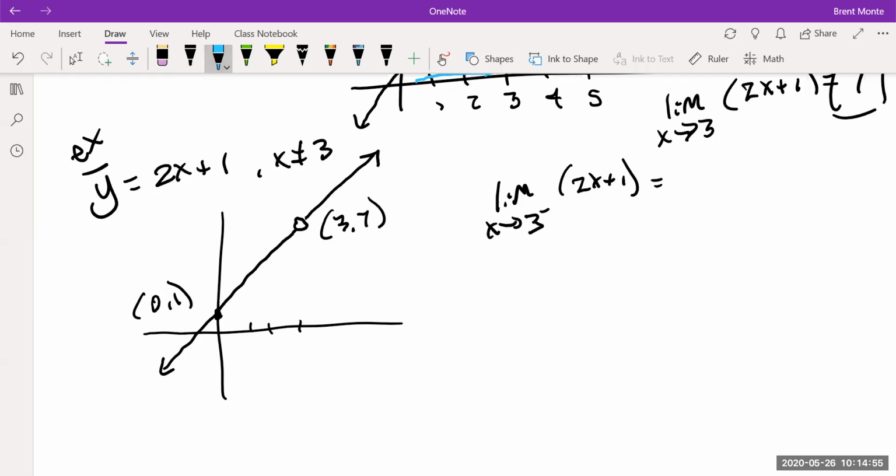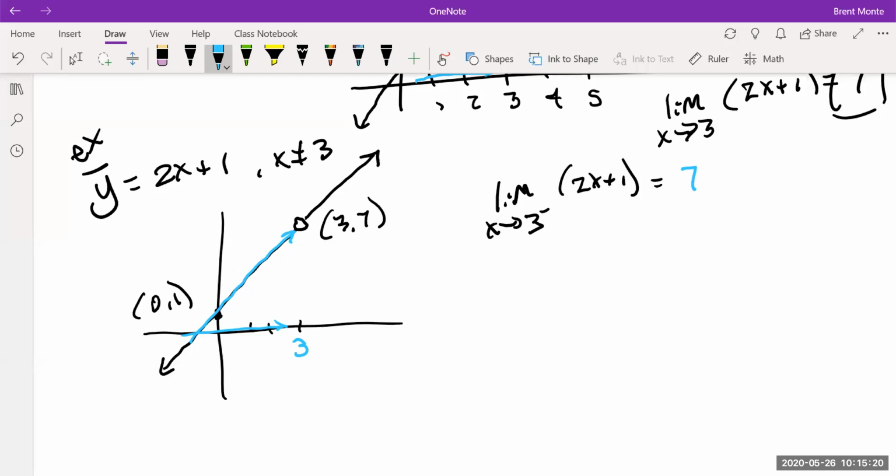My x is getting closer and closer this way to 3. And so on the curve, I'm going this way. I'm getting closer and closer. Notice as this x gets closer to 3, y is still getting close to 7. Even though that point doesn't exist at (3, 7), the limit does exist. The point doesn't have to be there for the limit to exist.